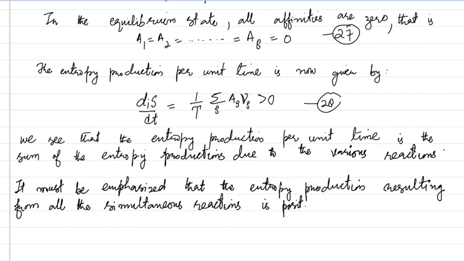You have to simply remember, if there are many reactions taking place simultaneously, then the individual entropies are always positive, or you can say the total entropy production resulting from the sum of all these individual reactions is always positive.